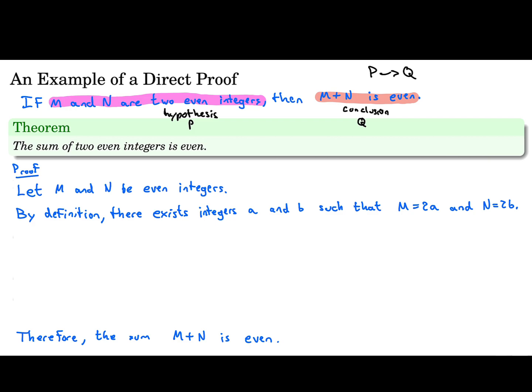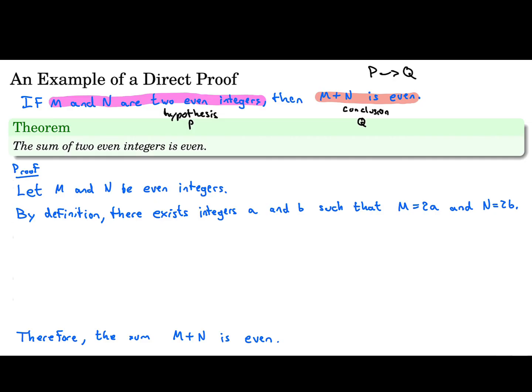Like I said, we need the definition to do the proof. If you are doing a proof and you do not know the definitions of what you're trying to prove, it's impossible to write the proof. You need to go back and check the definitions. If I go to the bottom part, I know also that I need to show that M plus N is even.